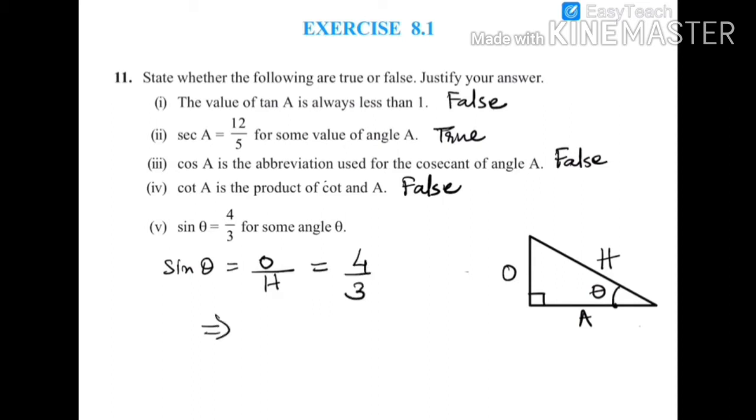This implies that the opposite side is greater than the hypotenuse, which is wrong, because we know that the hypotenuse is the longest side. So this will be false.